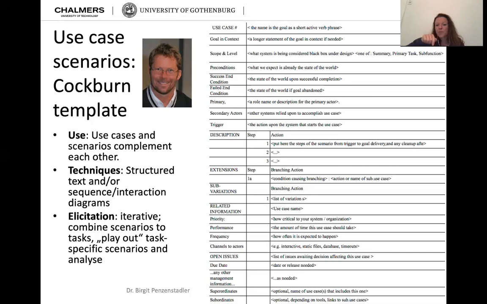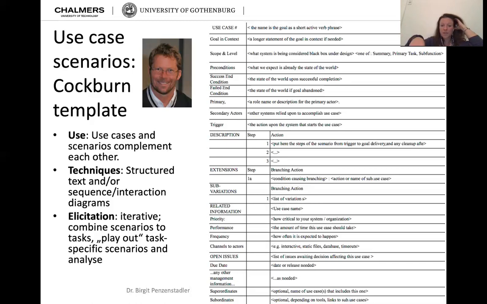At step 4, there is a branching condition. If customer has luggage, then include the name of the sub-use case for check-in baggage. Or if it's just a single other instruction that needs to be done, then you can just put that instruction right there as the action.